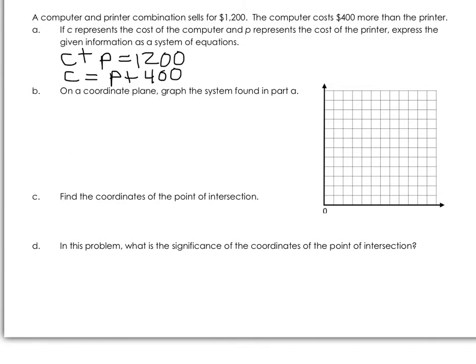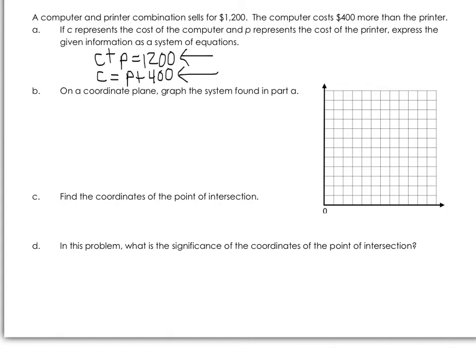That's it. That's our two equations. A computer and printer combination sells for $1,200. The computer costs $400 more than the printer.